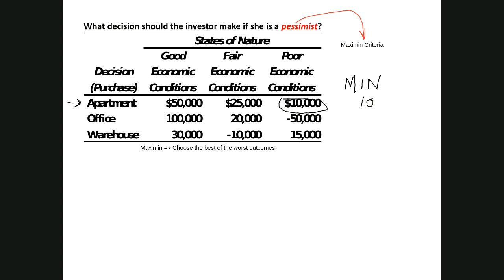So we're choosing the minimum return for each investment. And then for the office, the minimum return is negative 50,000. So we're going to lose 50,000. And then for the warehouse, the minimum return is negative 10,000.